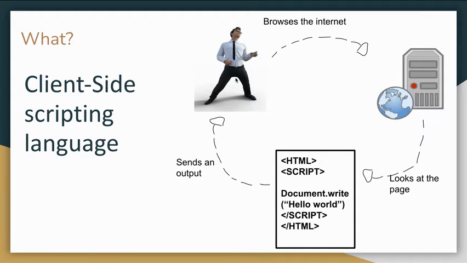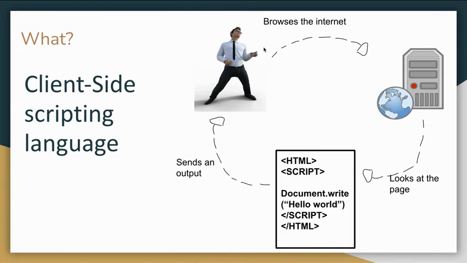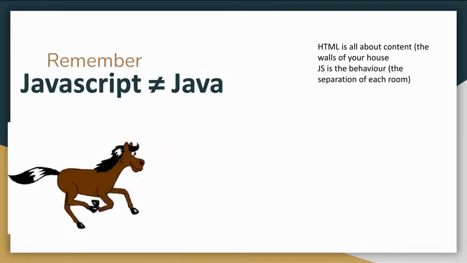You have a user who browses the internet, who looks at a page with a script, and it sends out the output to the user. So the user is very important, in who looks at a page, and we try to understand what the user sees, how they get engaged, and make use of the page.